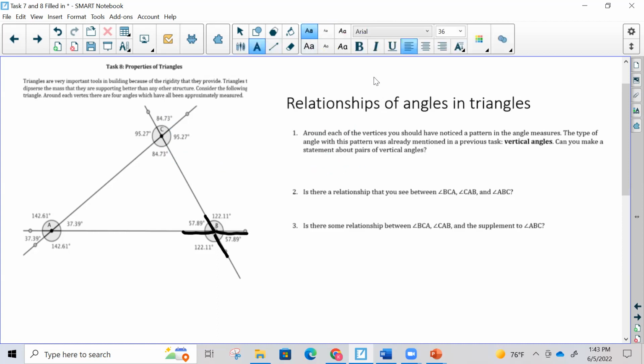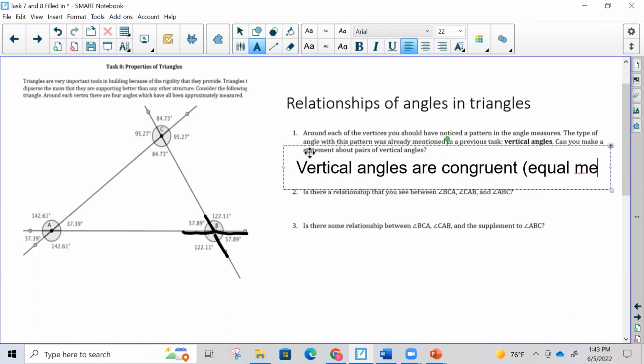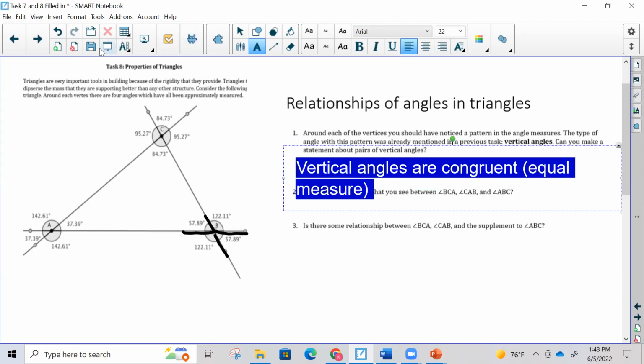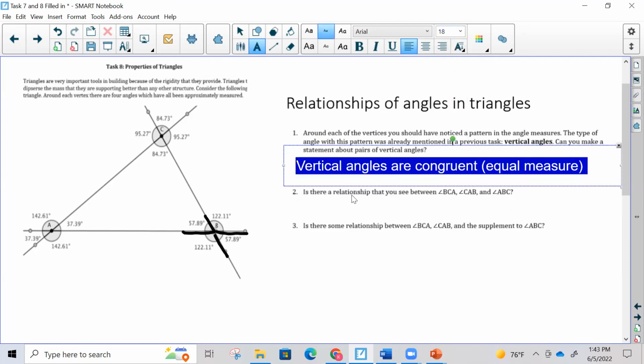So what we can always say about vertical angles is that they are congruent, which again means they have an equal measure. That's a very important property in geometry that we use a lot, so it's very important that you remember that property.